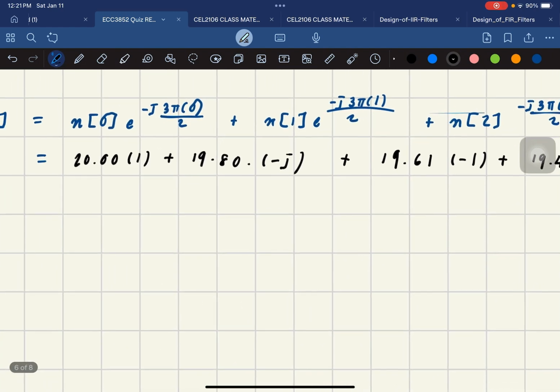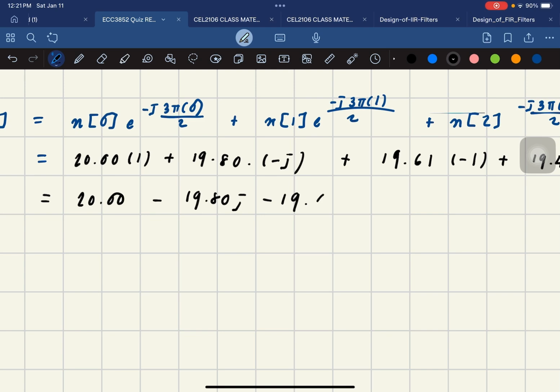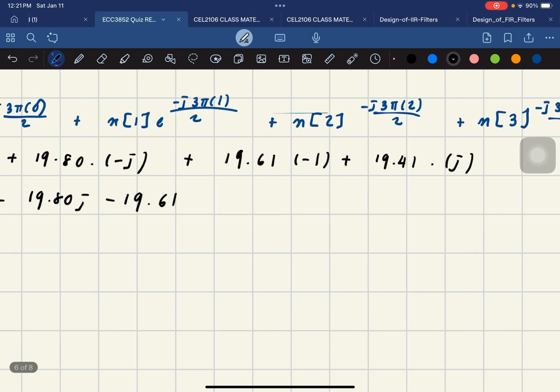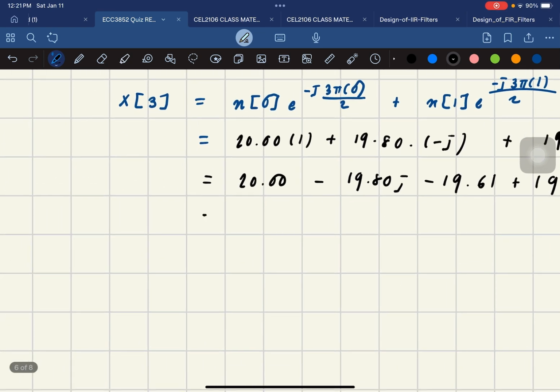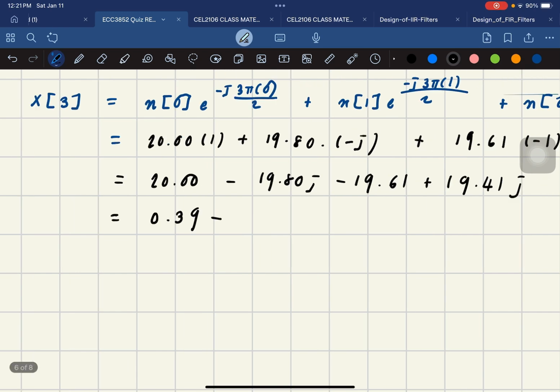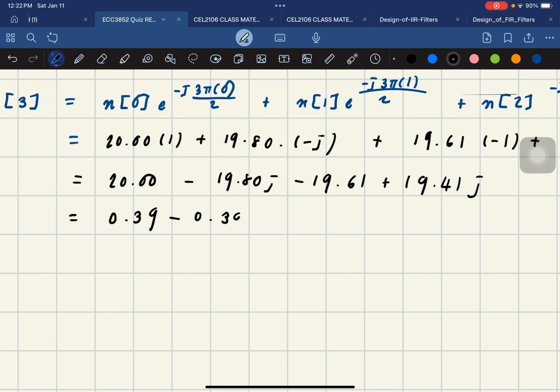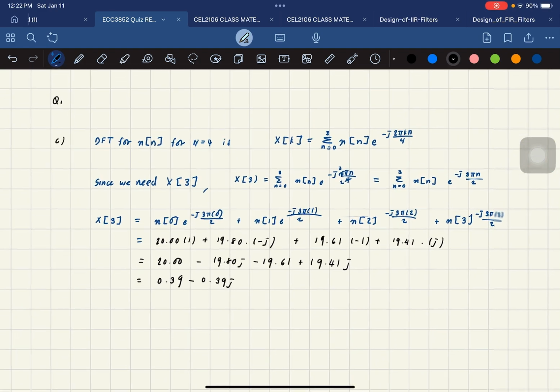So it will be negative 19.80 j, negative 19.61, plus 19.41 j. So the answer will be 0.339. This is for question C.